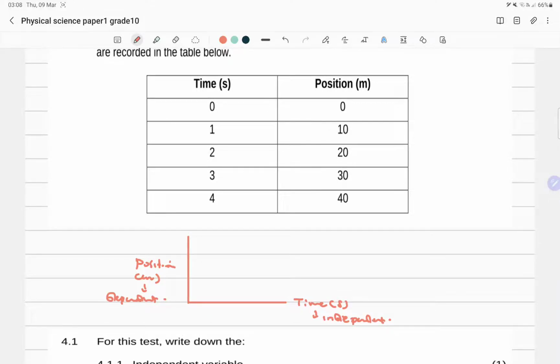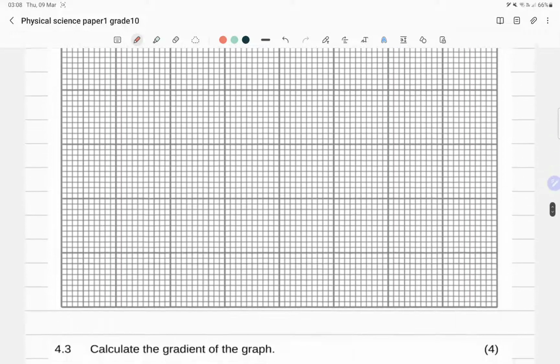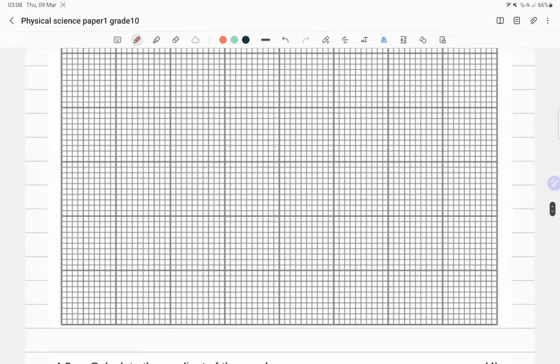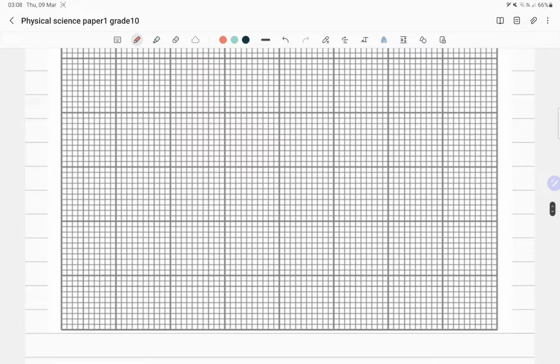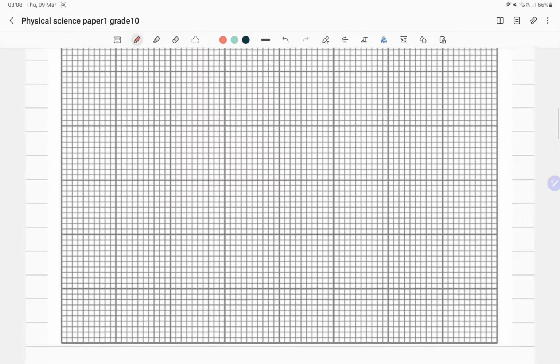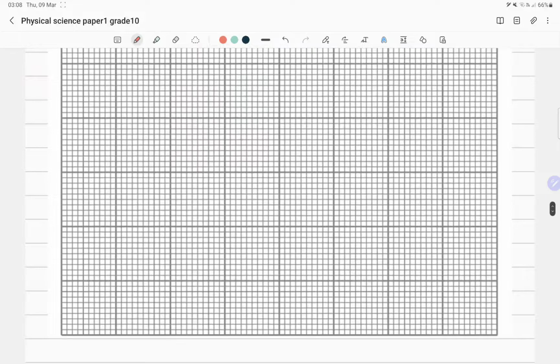So we're going in tens on the position. How many large ones? It's 1, 2, 3, 4, 5, 6, 7. So it won't be enough, eh? It won't be enough.